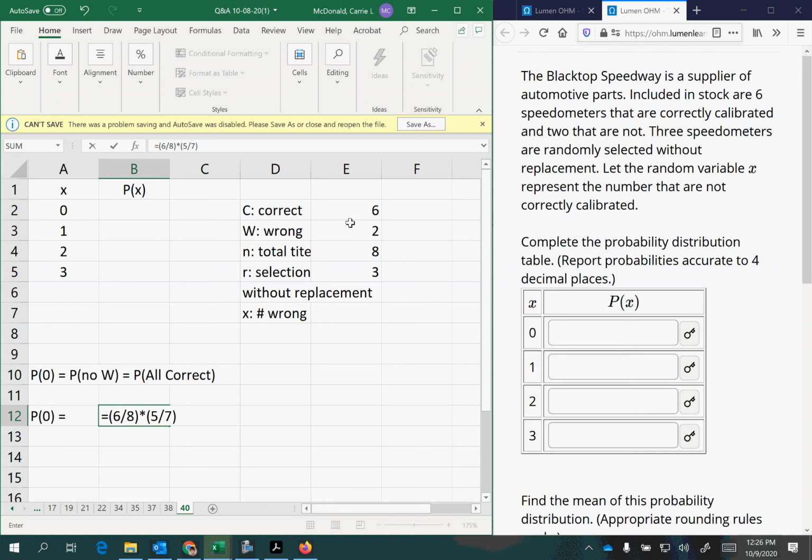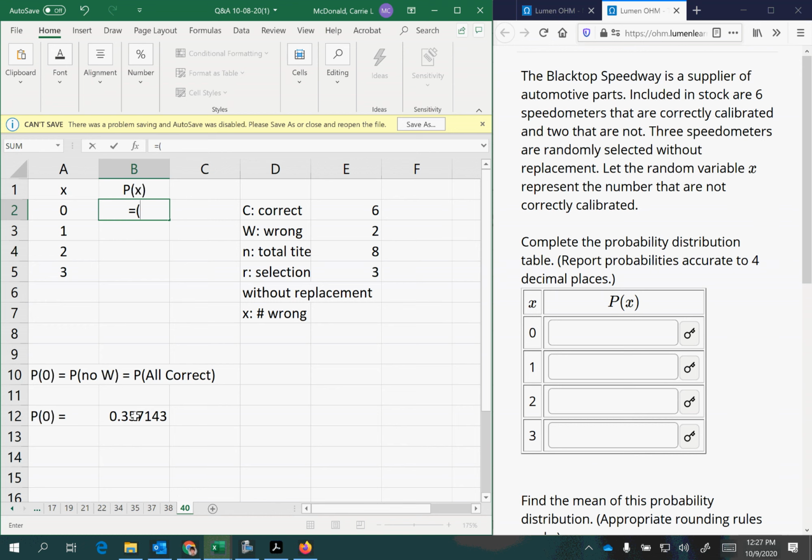So 5 correct ones will be left out of a total of 7. And finally, on the third selection, 4 out of 6. That's how we're going to figure out the probabilities for each of these. That's how you would do it by hand.